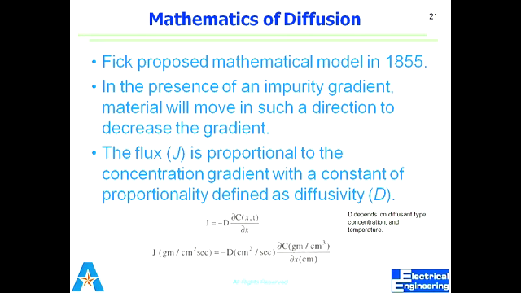One thing about diffusion that I want to mention: when we say in the driving process we activate our dopant, some people don't know what we mean by activating a dopant.